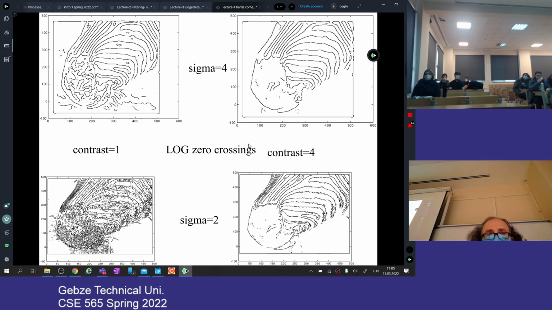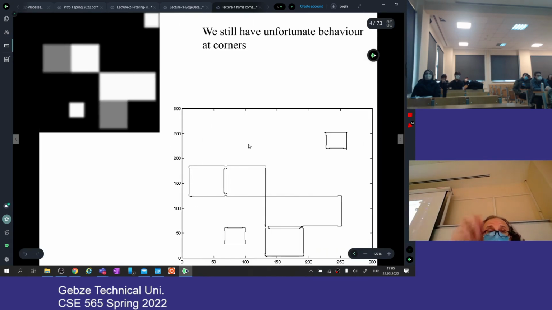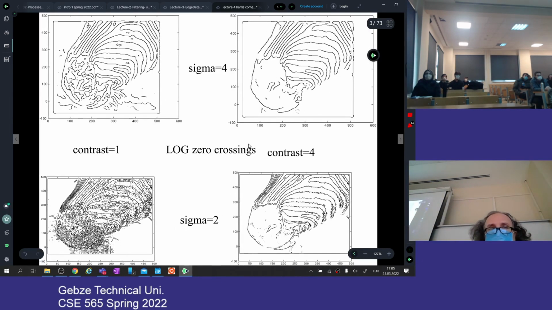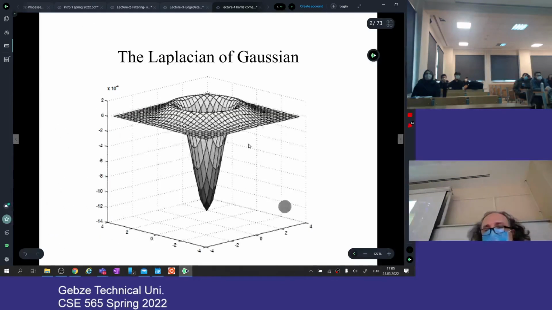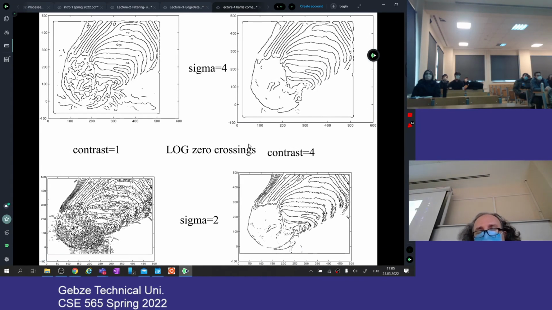If you play with that, this is what you would get. It looks like this is the better one for this application, but I am not saying it is always so; sigma and contrast change from application to application. So this is good. By playing with these parameters, I can get whatever I want.